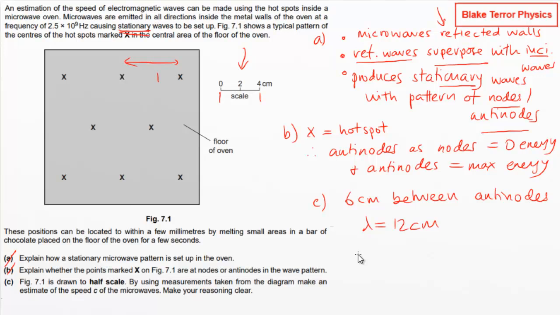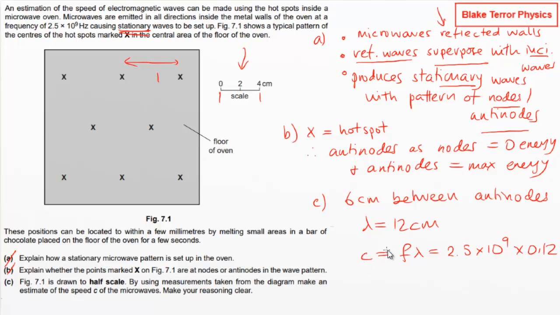So c is going to be, they've given us the frequency, haven't they? Frequency times wavelength. So that would be 2.5 times 10 to the 9 multiplied by 12 centimeters, so 0.12. 12 times 2.5 is going to be 30.